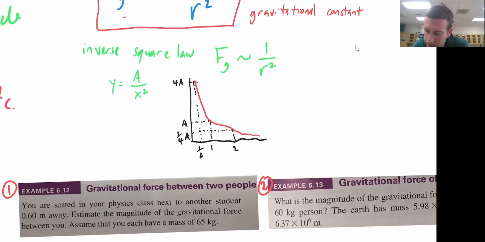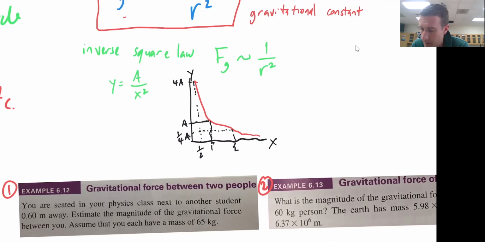So if this is my x value here, and this is my y value, if my x value starts at 1, then my y value gives me an answer of a. If I double my x value, then 1 over 2 squared is 1/4 of a.